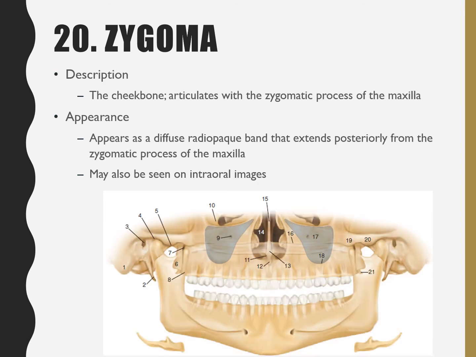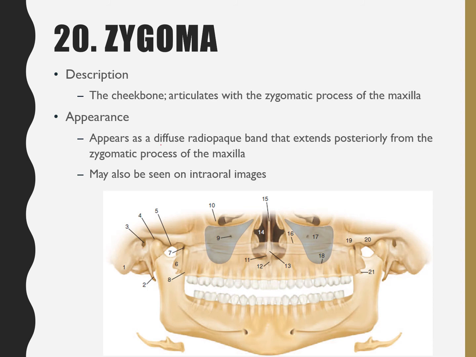Number 20 is going to be the zygoma, which we just talked about, right? It's the cheekbone, and it articulates with the zygomatic process of the maxilla. We all know articulate means that it connects to, right? It touches. It appears as a diffuse radiopaque band that extends posteriorly from the zygomatic process of the maxilla.